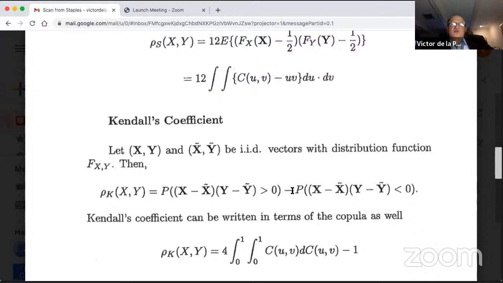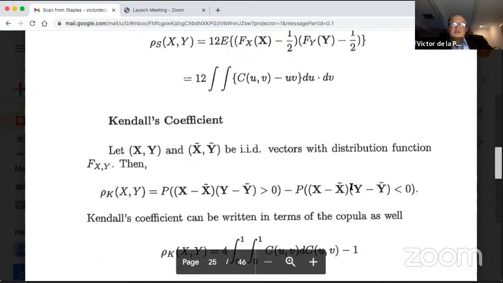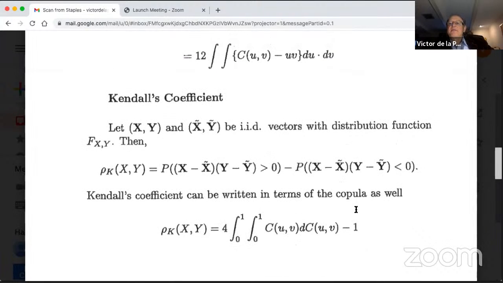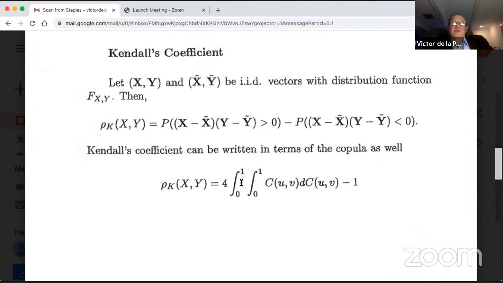Kendall's coefficient can also be written in terms of copulas: rho_K of XY equals 4 times the integral from 0 to 1 of the integral from 0 to 1 of C(u, v) dC(u, v), minus 1.